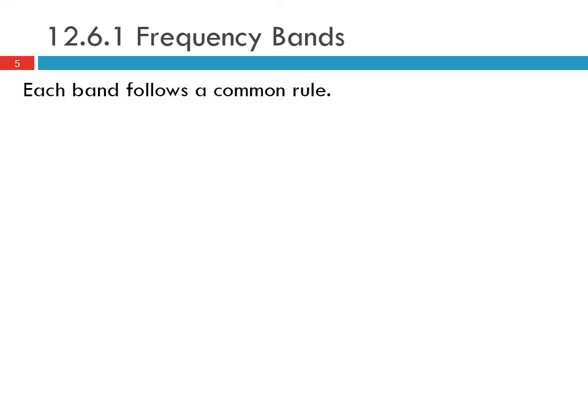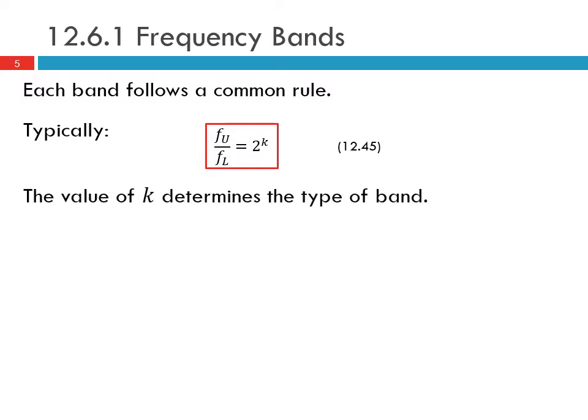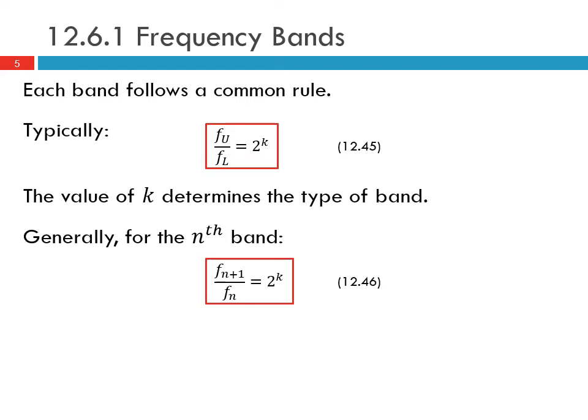Each band follows a common rule, which is that FU over FL is equal to 2 to the exponent k. The value of k determines the type of band. There are different types of commonly used frequency bands.